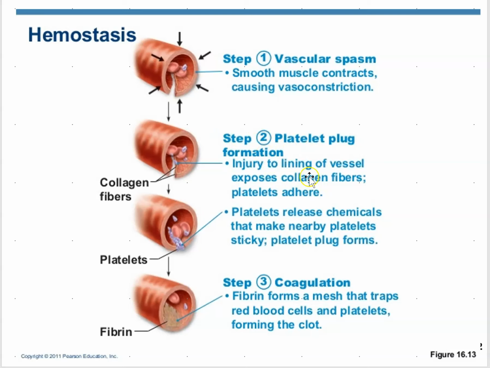The next step is the release of chemicals known as clotting factors by nearby platelets, and this is initially sticky, so it attracts other clotting factors to initiate the formation of a platelet plug. The third step is blood coagulation, wherein fibrin proteins form a mesh that traps red blood cells and platelets, leading to the formation of a clot.